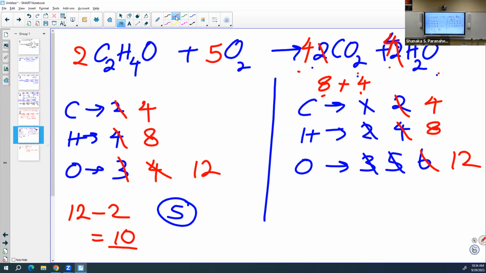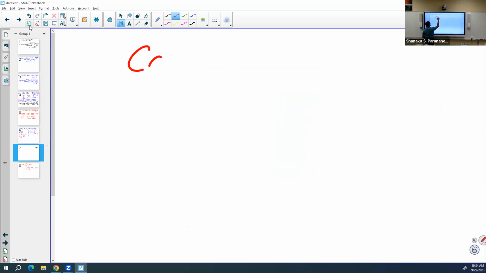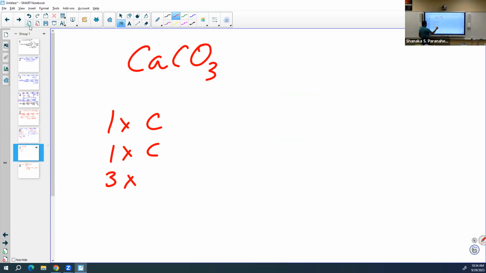Okay, so next one, formula weight. There will be a couple of questions to calculate the formula weight. Those are easy questions. Don't miss that. In order to calculate a formula weight or molecular weight, we simply use the formula times the atomic weight of each element. In this formula, there is 1 calcium, 1 carbon, and 3 oxygen.